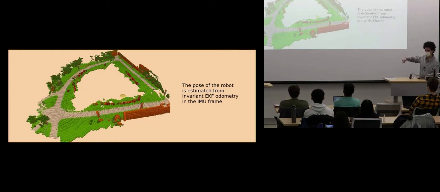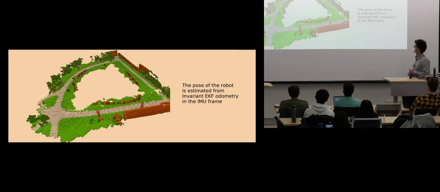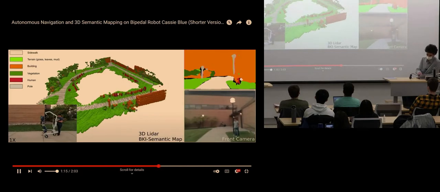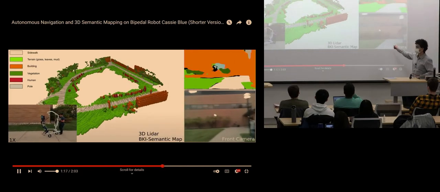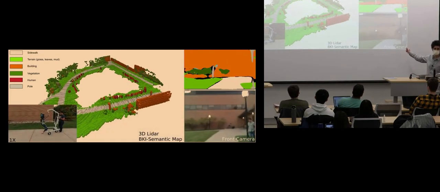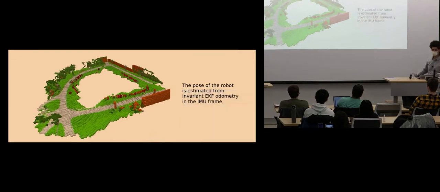It's tasked, using a simple planner, to go around the sidewalk. The way the robot knows the sidewalk is using this map. This is around the Wave Field. You can see that the image the robot sees is super blurry and shaky.